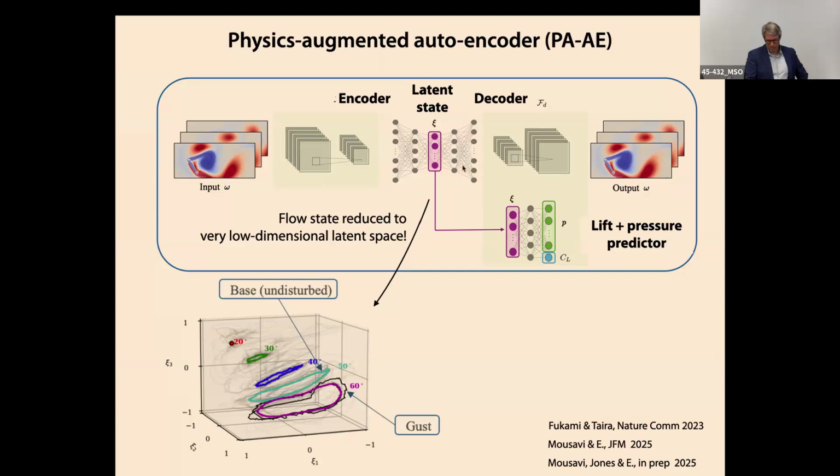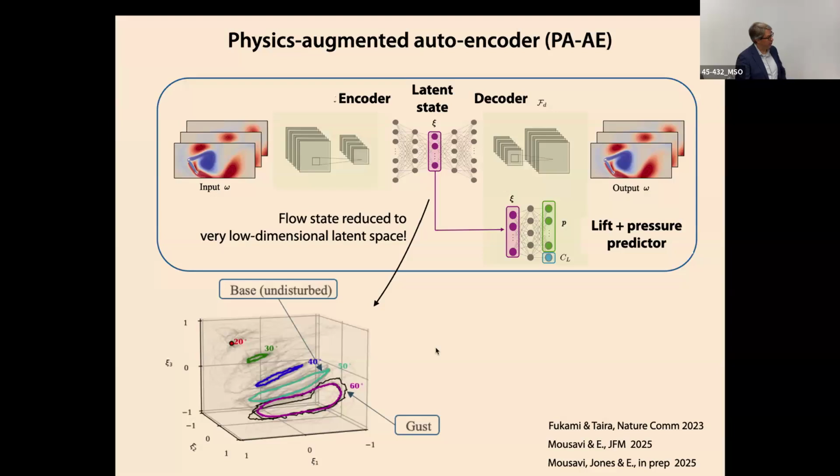And because all the information about reconstructing it is in those weights, right? So this latent space is very low dimensional, and there's even a lower dimensionality in there because there's a manifold of states that things tend to lie on here. These are different angles of attack of a wing, 20, 30, 40, 50, 60, and they're in between there. Your eye reconstructs a manifold in there. So it's a very low dimensional space to work in.